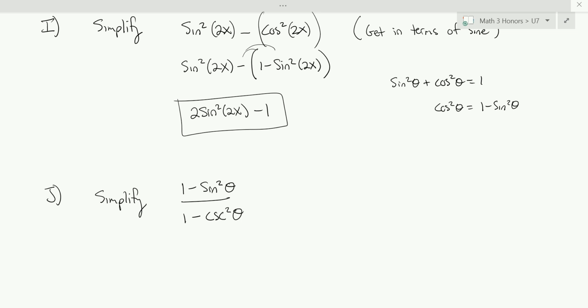No. You can only do that if there's one term in the denominator. How many terms do I have in the denominator? 2. Terms are separated by plus signs and minus signs. So if you have more than one term, you cannot use that trick to get rid of the fraction. But everything's squared. Well, you have sine squared, you have cosecant squared. So look at your Pythagorean identities, see if those can help you out.